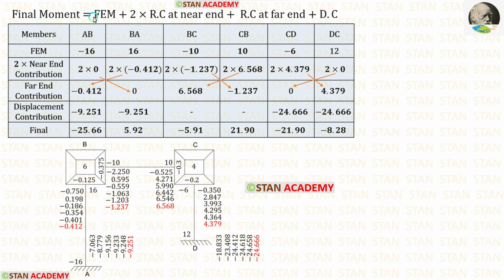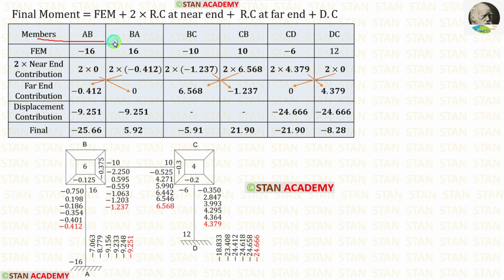Now let us see the formula to find the final moments. Fixed end moments plus 2 into rotation contribution at near end plus rotation contribution at far end plus the displacement contribution. Let us make a table.